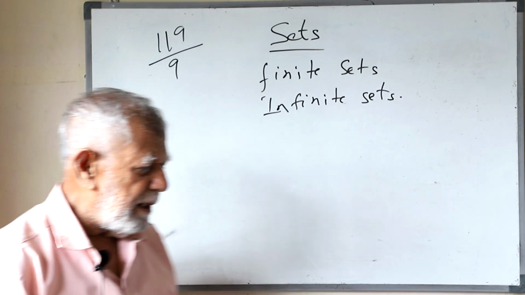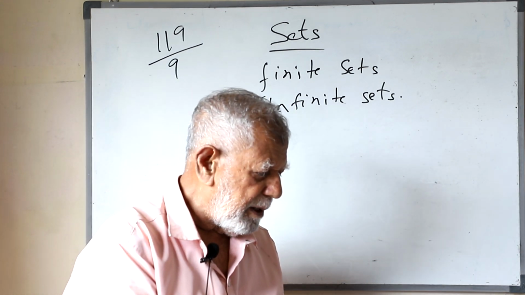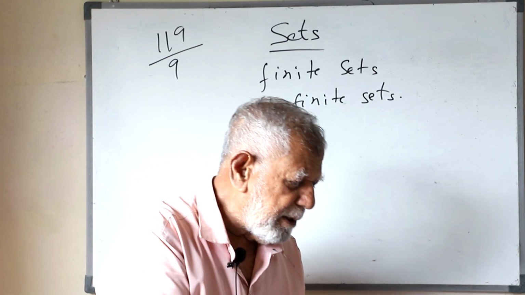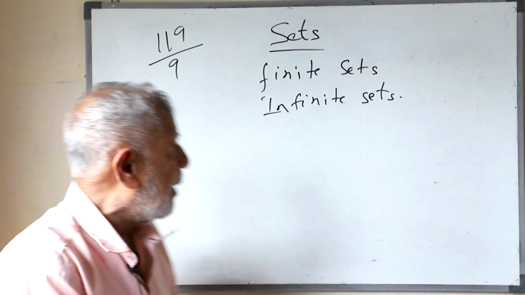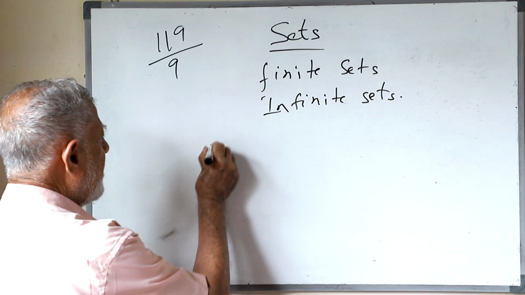What are finite sets? Finite sets mean the elements are sure, definite. For example, multiples of 3 between 0 and 20, the example given in the book.